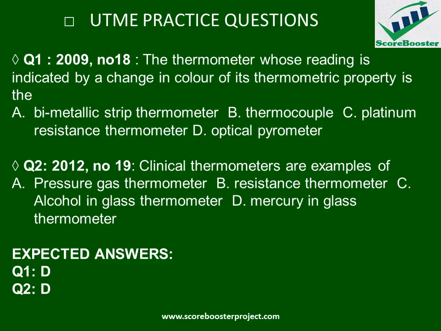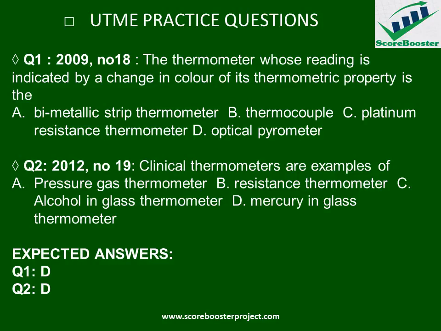You have option A, bimetallic strip thermometer, option B, thermocouple, option C, platinum resistance thermometer, while option D is optical pyrometer.